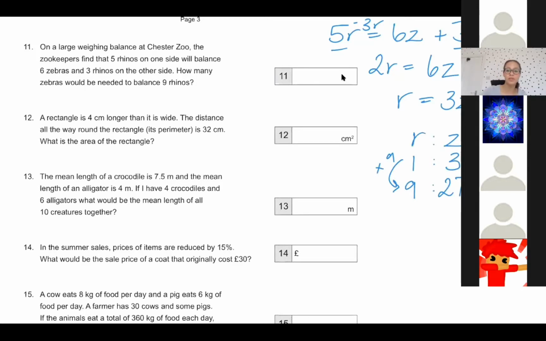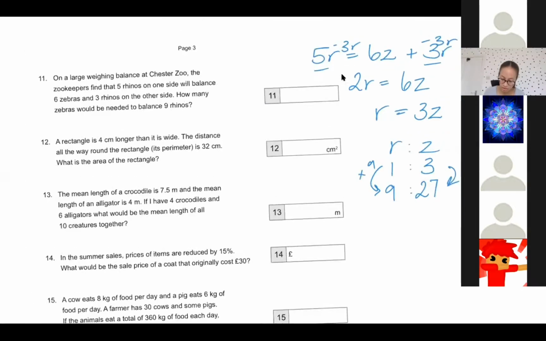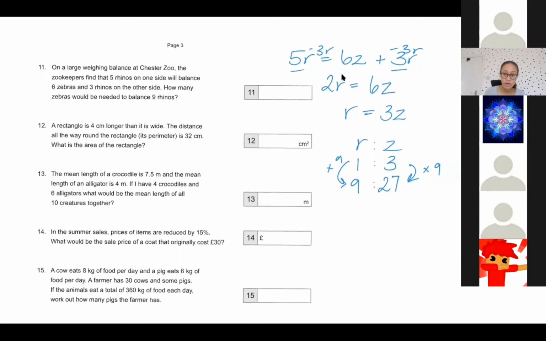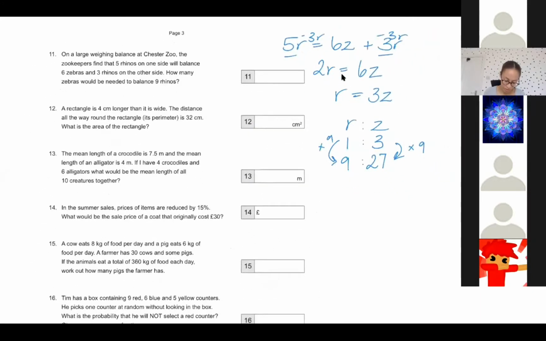Yeah, so someone's asked me just to go over that again. That's fine. So, okay. We start off with an equation that just shows the information they've given to us. The 5 rhinos equals 6 zebras plus 3 rhinos. We can subtract 3 rhinos from each side, because they kind of cancel each other out.